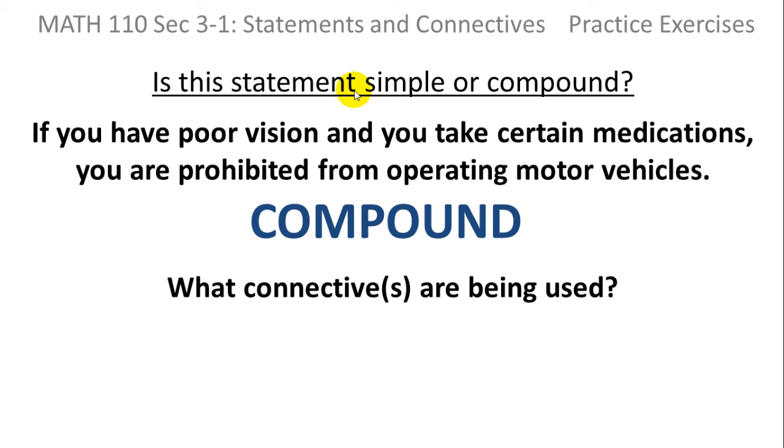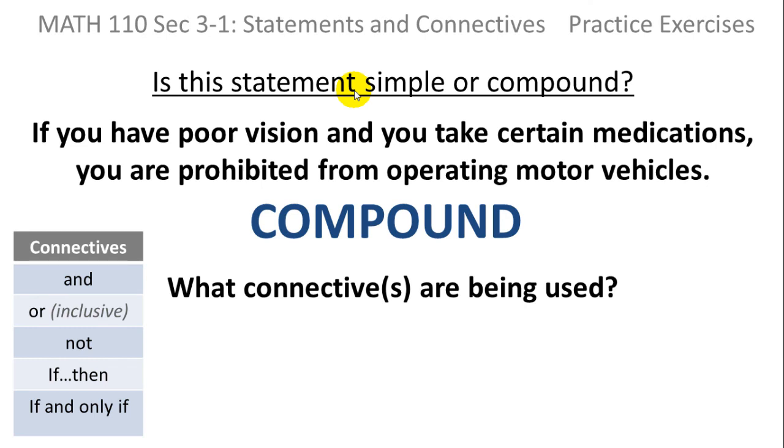And in this case, there is more than one connective. Remember, we have 5: and, the inclusive or, not, if then, and if and only if. We've already talked about the and, but there's also the if then. Another thing I'd like to point out here is sometimes the then is implied. When you talk in ordinary English, sometimes you say if something then so and so.